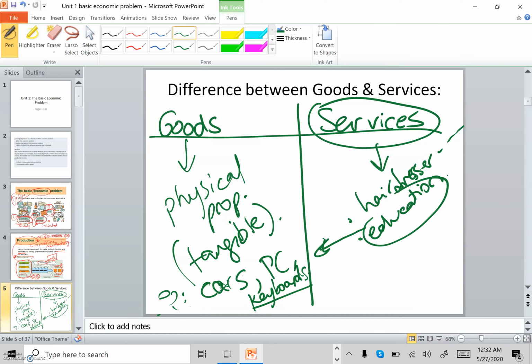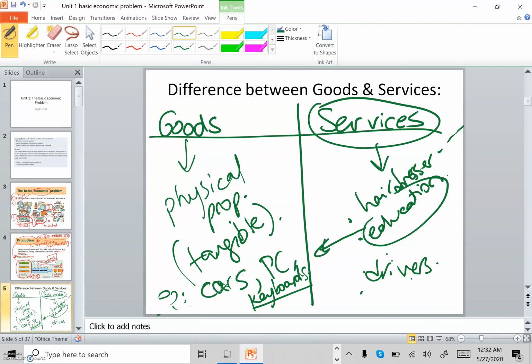You care about what I am telling you, what I am teaching you. What I am telling you, you cannot see or touch. So this is why we consider education as a service. Hospitals provide services. Drivers provide a service. When you go to the nail salon, they are providing you with a service, and so on.